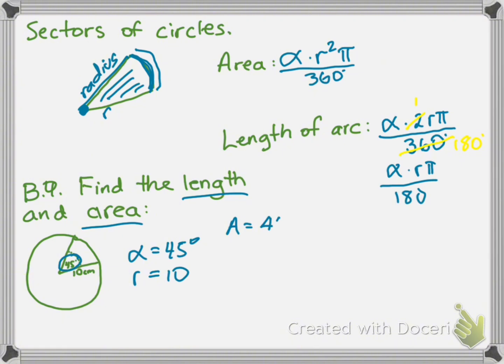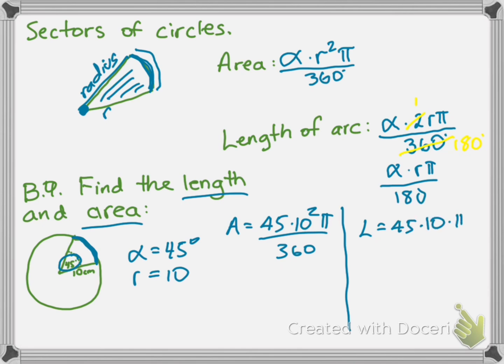So it will be 45 times 10 squared pi over 360 for the area, and for the perimeter or the length of this little part here, this section of the circumference, is going to be 45 times 10 times pi over 180, because we already simplified with the 2.